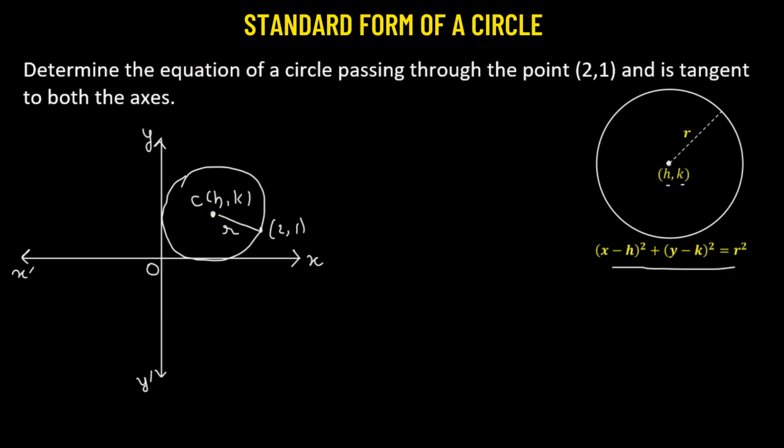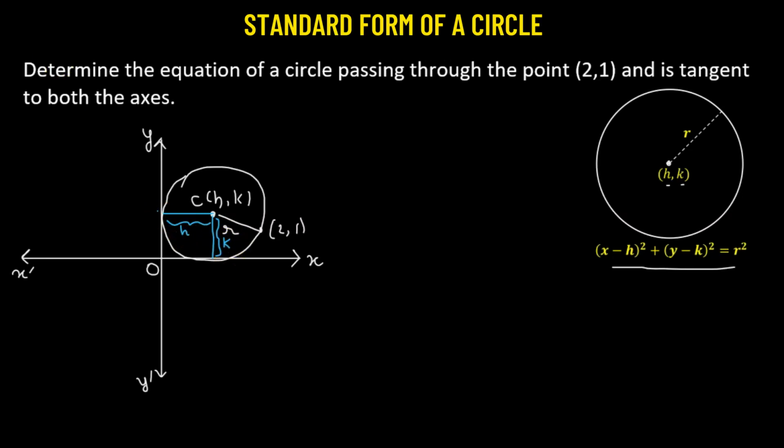So let's try to find out the value of h and k. That's very simple. All we have to do is consider the center c and drop a perpendicular on both the x-axis as well as the y-axis. This is going to be the radius of the circle, but this is also going to be the value of k, the vertical distance from the x-axis, and the horizontal distance from the y-axis is going to give us the value of h.